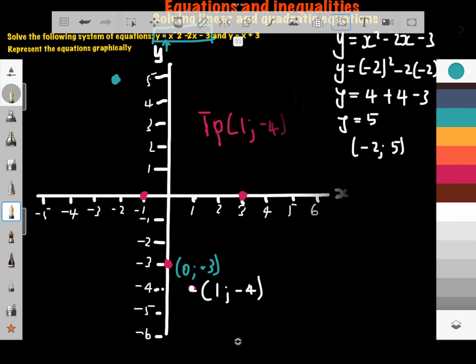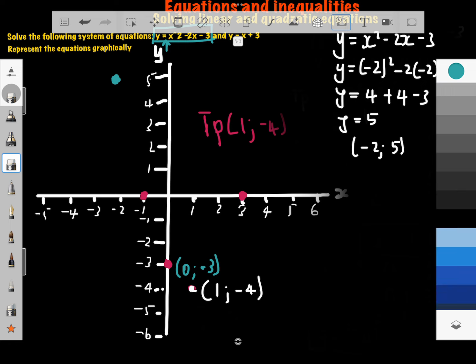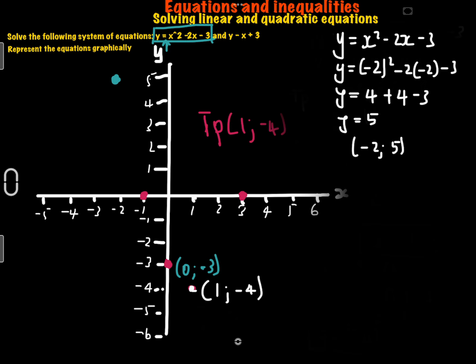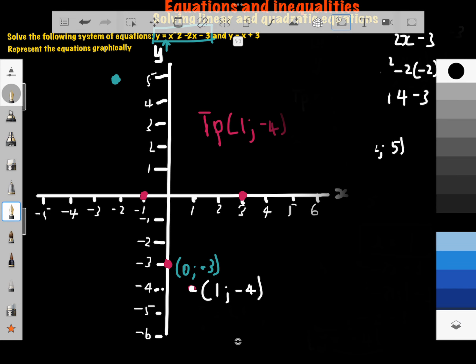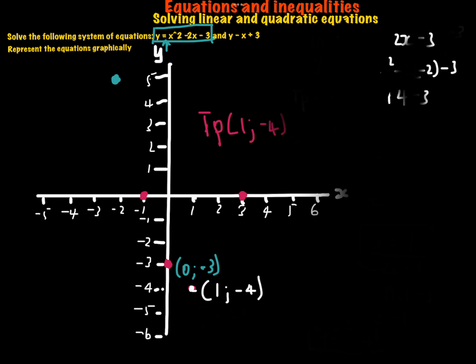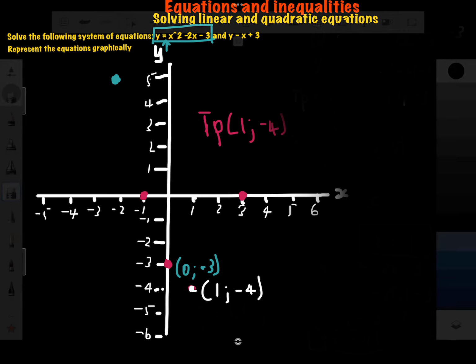Okay, so let's see what happens when x is equal to negative 1. Let's substitute that into our equation. So we have to test all of these so that you can find the exact corresponding coordinates.